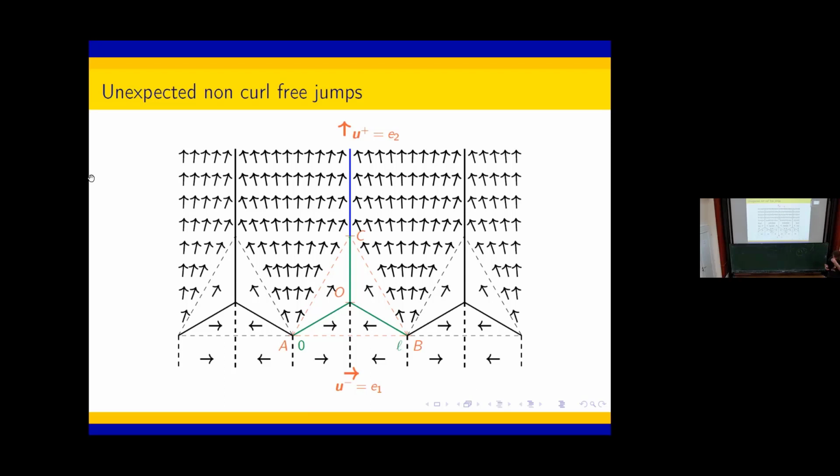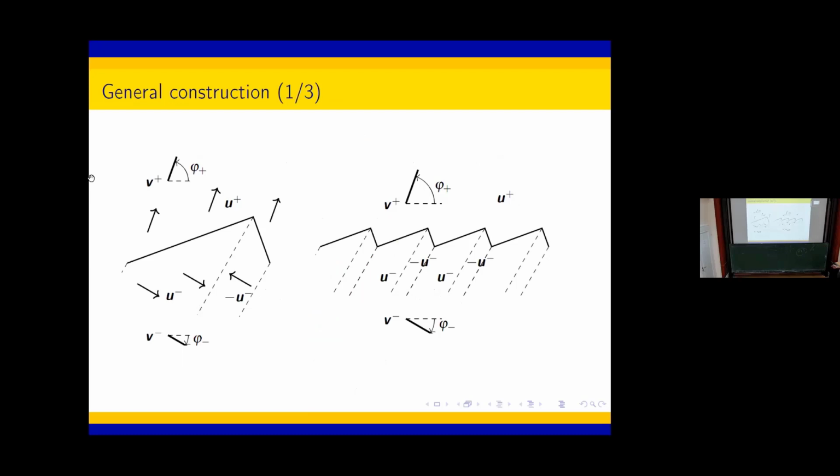Okay. And this complicates a lot. In general, I can make a jump in any direction in this way. Given U minus and U plus, I have an admissible jump direction between U minus and U plus, so the direction of the interface is here. If I change U minus to minus U minus, the direction of the interface is orthogonal to the preceding one.